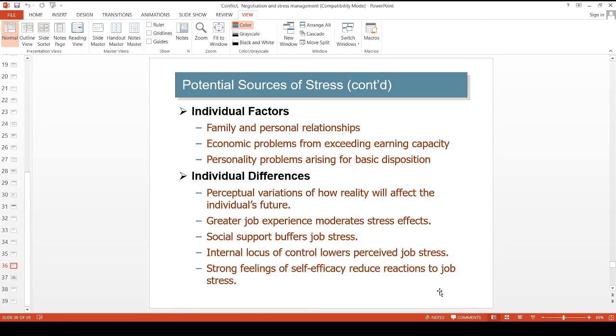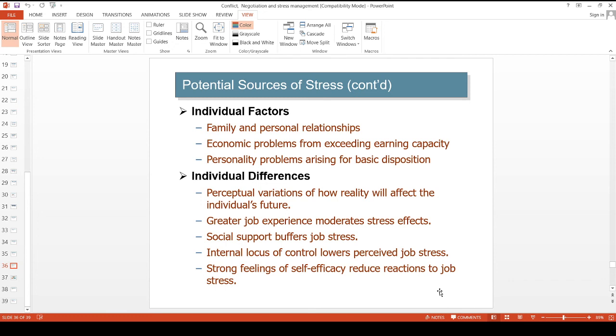Similarly, individual factors can also be a potential source of stress, like family background, your personal relationships with your family, with your relatives, with your colleagues, with your peers. That can play a very important role towards creating a stress situation. Then economic problems you have. Economic problems are usually a very important source of stress, especially in countries like Pakistan, low income countries. That is the problem everywhere.